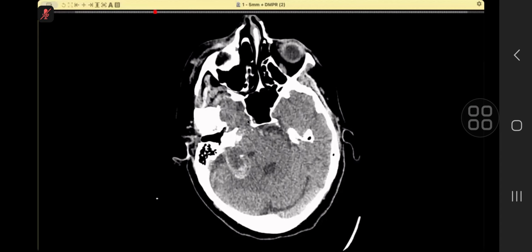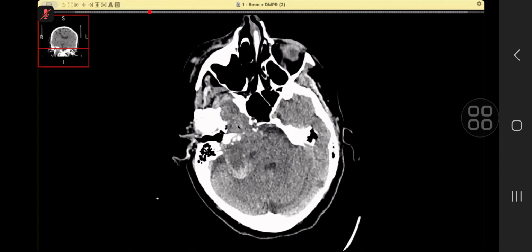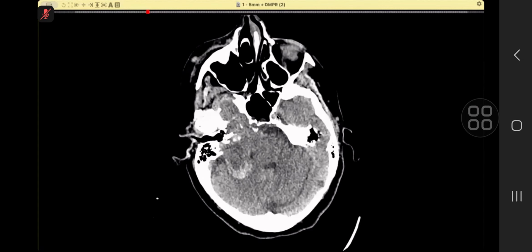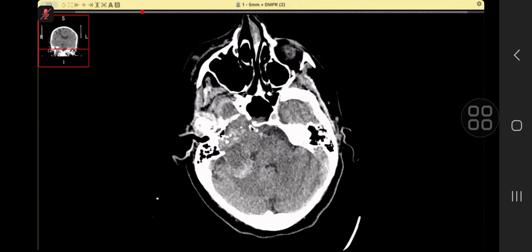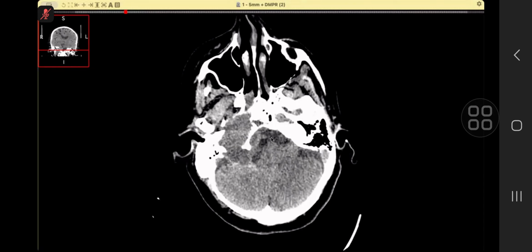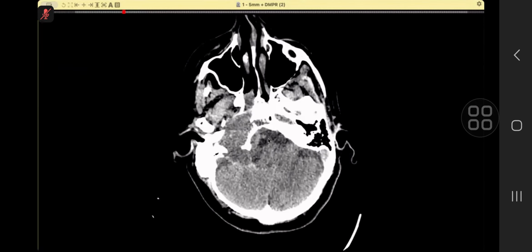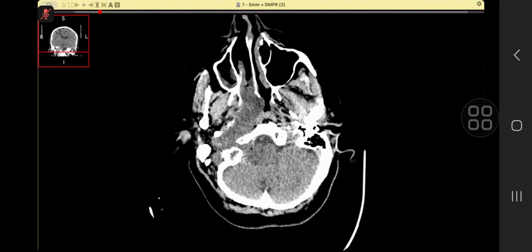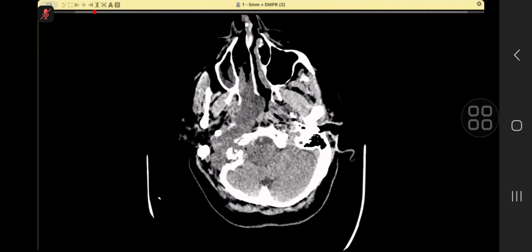Now, at this point, we can see that the mass, even on this window, this is the common carotid artery, and we can see that the mass goes inferiorly. And here, anatomy-wise, the jugular foramen, etc., is totally involved. Even on this window, I'll show you the bone window. You can see that this is the hypoglossal canal.